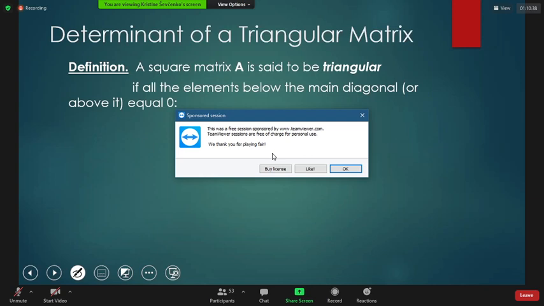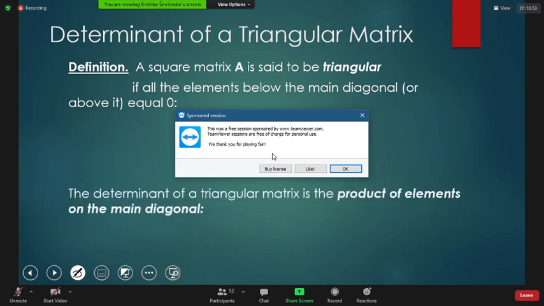But if we have a square matrix and all elements below the main diagonal are zeros, we simply call it triangular. This is something that we already saw an example of previously. And the determinant of this matrix is, of course, the product of all elements on the main diagonal.